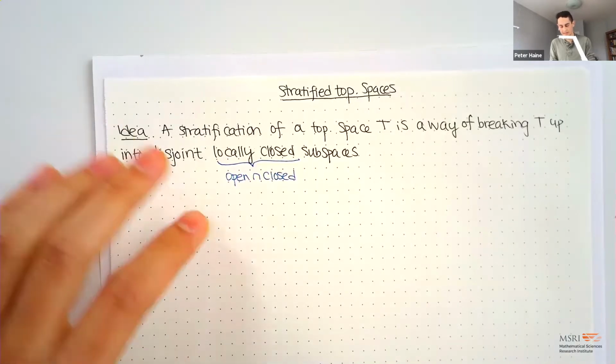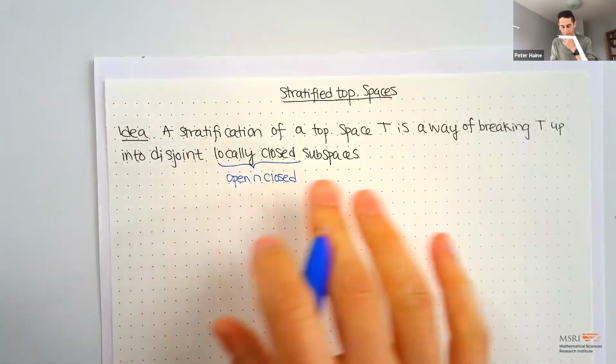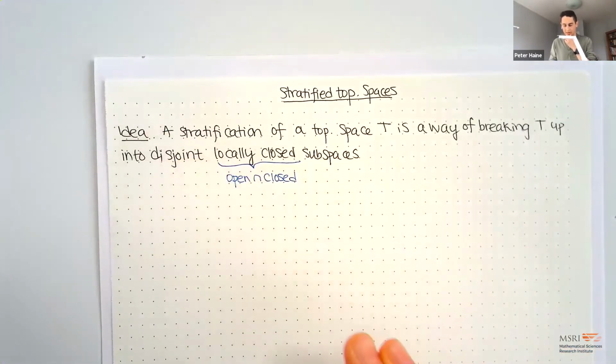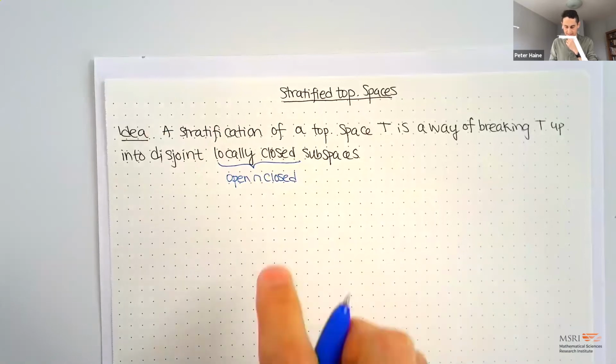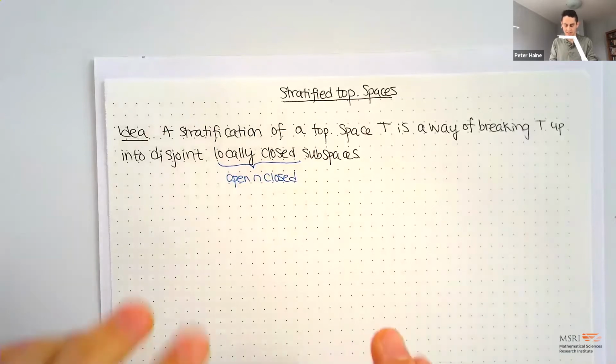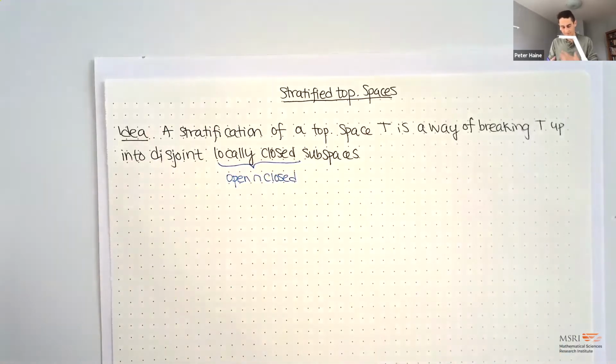This is the super vague formulation, and if you've seen stratifications before, it might not be exactly in the way that I'm going to present. If you've seen David Ayala and John Francis's work, then it will be in the same way. But if you've seen it in algebraic geometry, usually people define a stratification as some collection of disjoint locally closed subspaces satisfying some conditions.